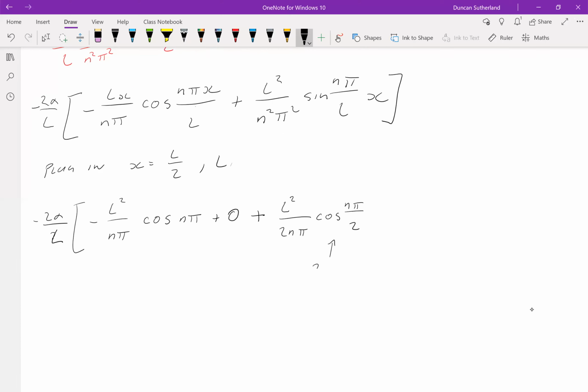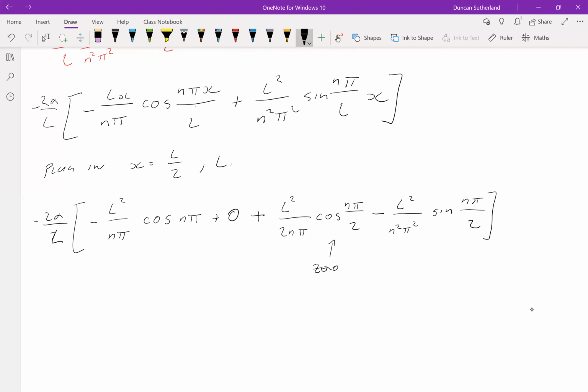So this is 0. And when I plug in L over 2 into this thing, which is not 0. However, that's a minus, because this is my bottom limit, so I've got to keep track of that sign.